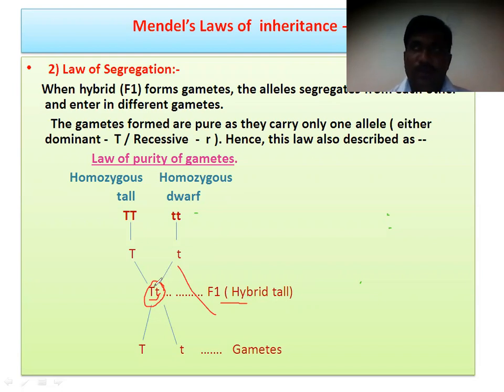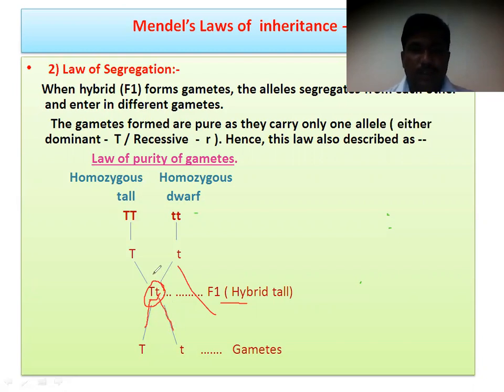These alleles are together in a heterozygous condition in the F1 hybrid, but they do not mix. The capital T would get separate and small t would get separate.